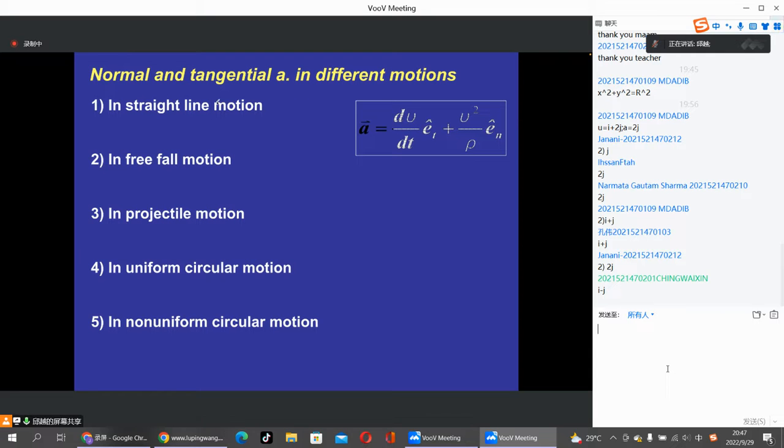Find the normal and tangential acceleration in different motions: in straight line motion, in free fall motion, in projectile motion, in uniform circular motion, and in non-uniform circular motion.